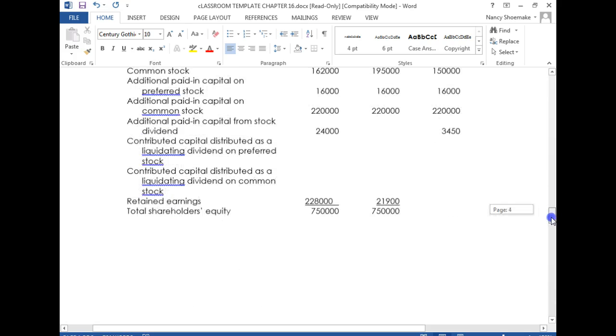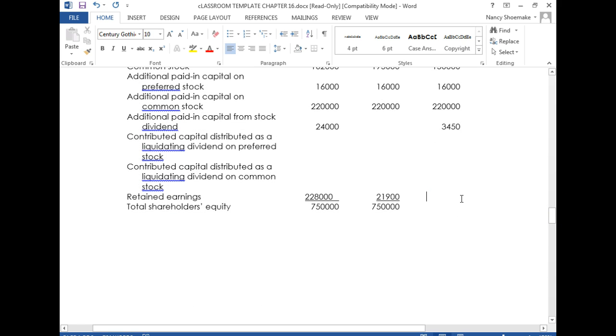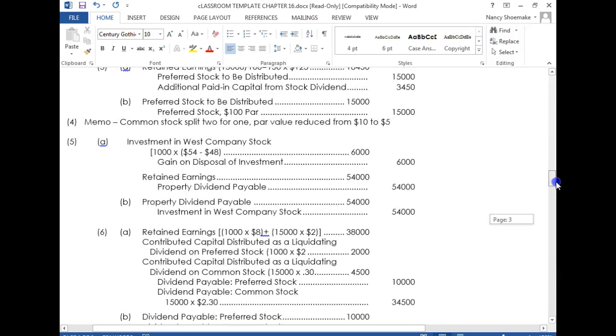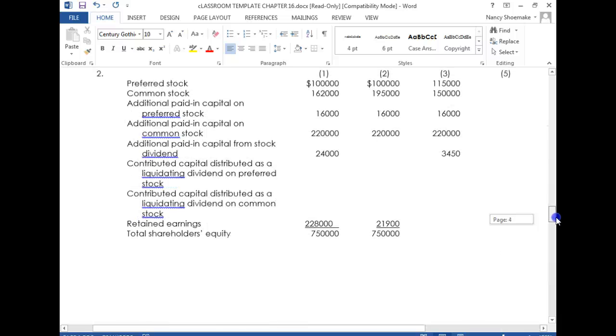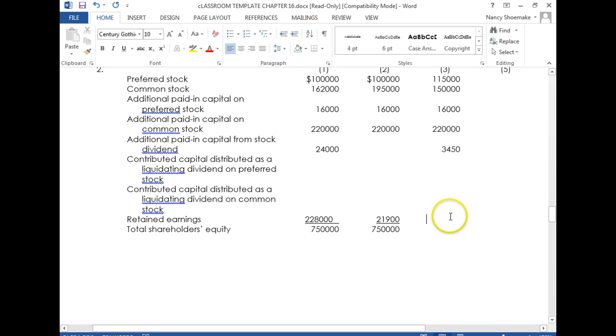Are we going to change our retained earnings? How is our retained earnings affected with this transaction? Go back to number 3. Our retained earnings went down $18,450. See that? So what's going to happen to retained earnings?